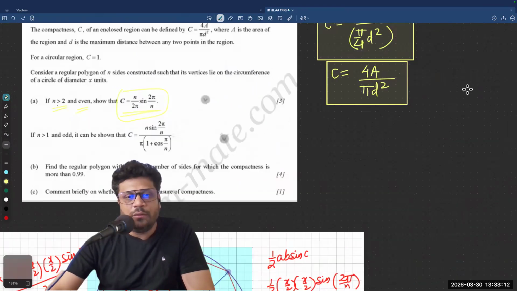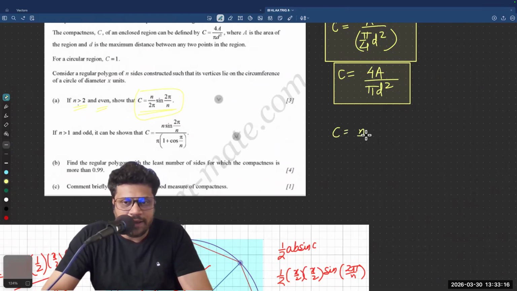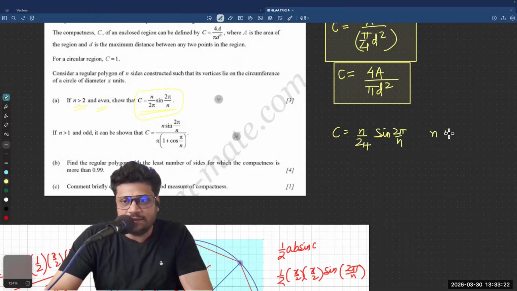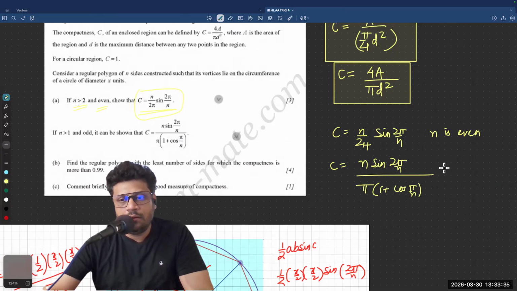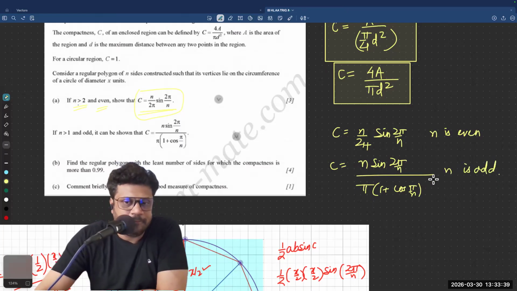So we know that the compactness is supposed to be n by 2 pi sine of 2 pi by n if n is even, and when n is odd, this here is the formula for compactness.